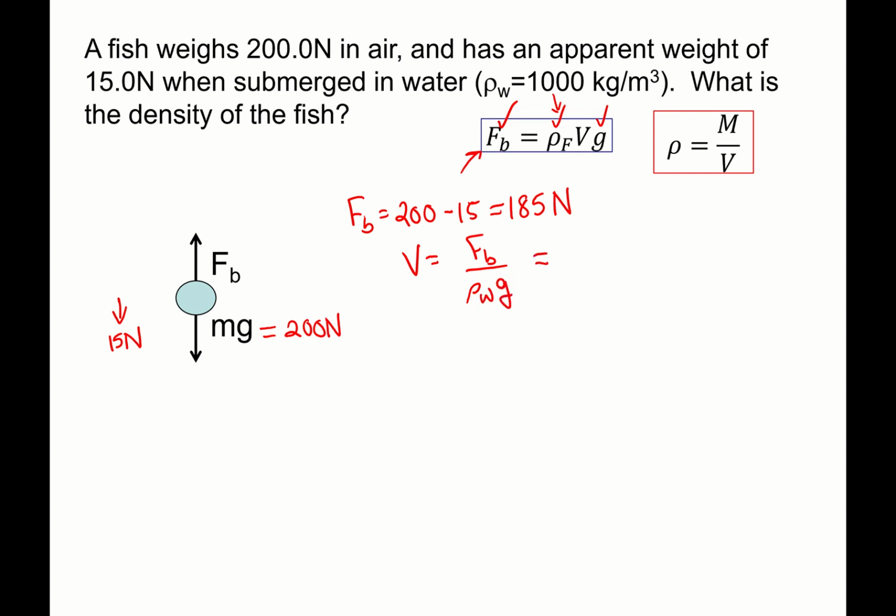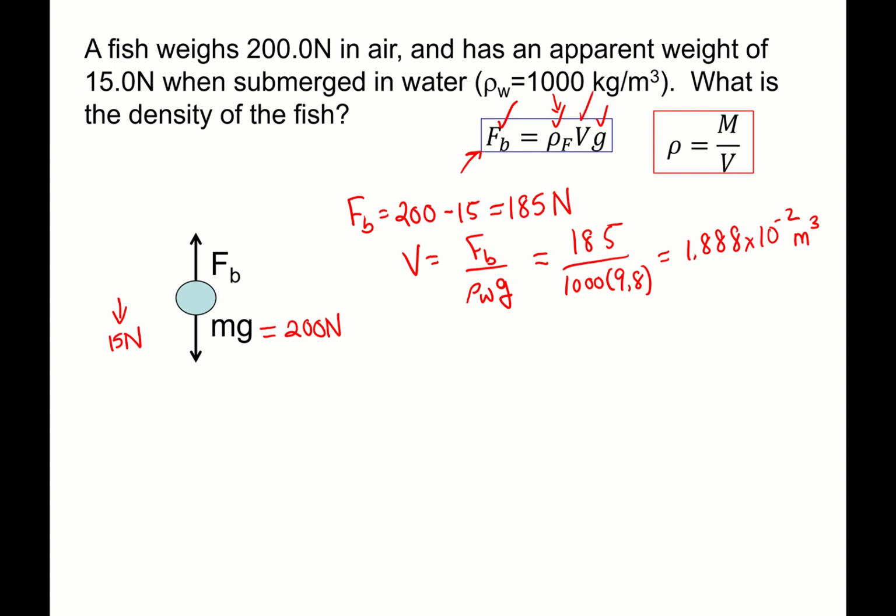So the volume of the fish is 185 divided by 1,000 divided by 9.8. And I get that the volume of the fish is 1.888 times 10 to the negative 2, and the units for volume is meters cubed.